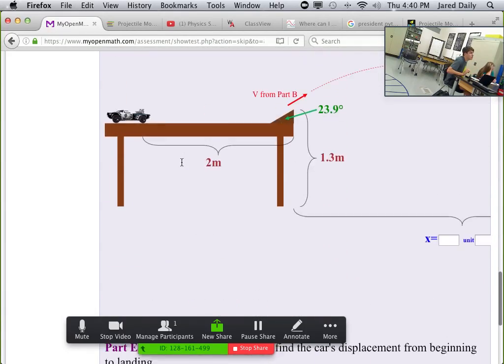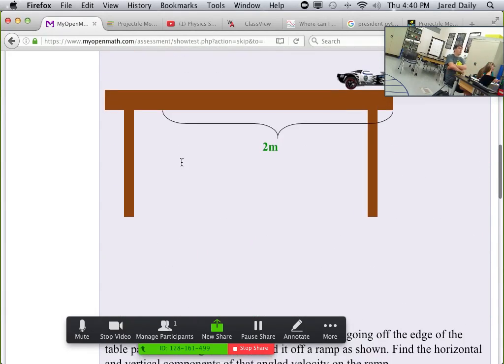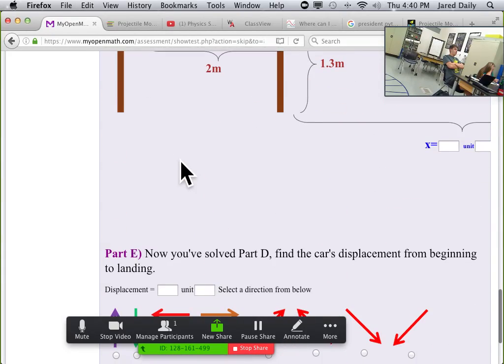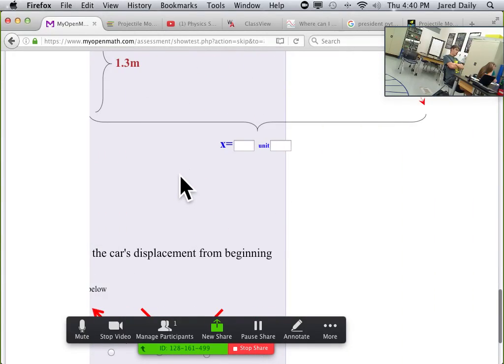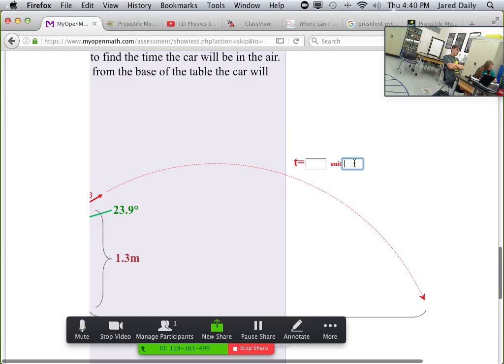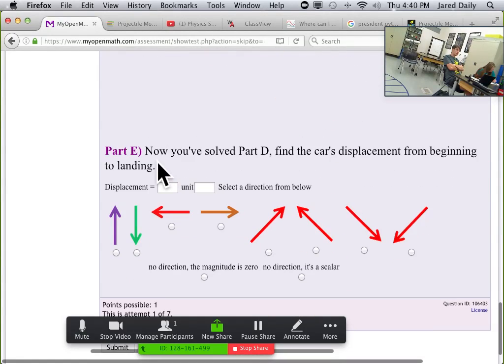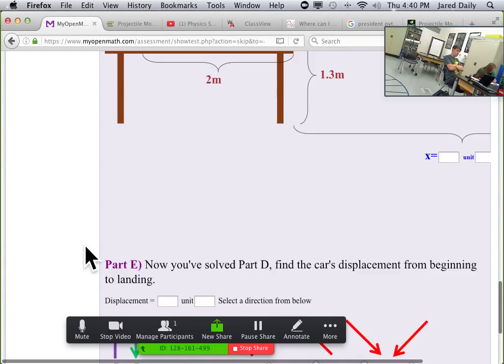Yeah, on part B, you have to scroll to the right to see it.